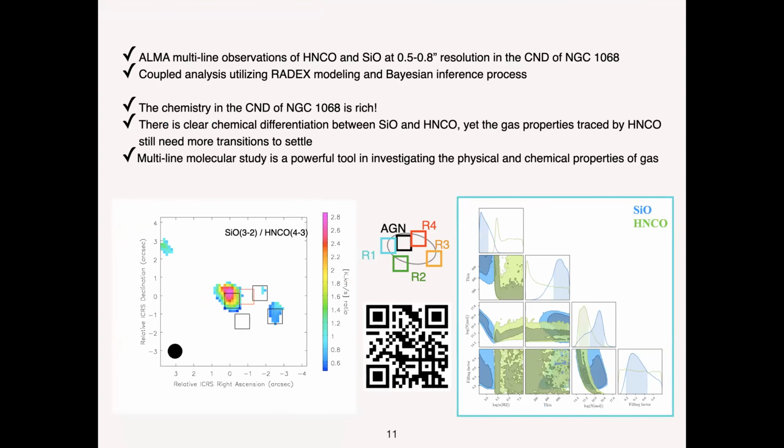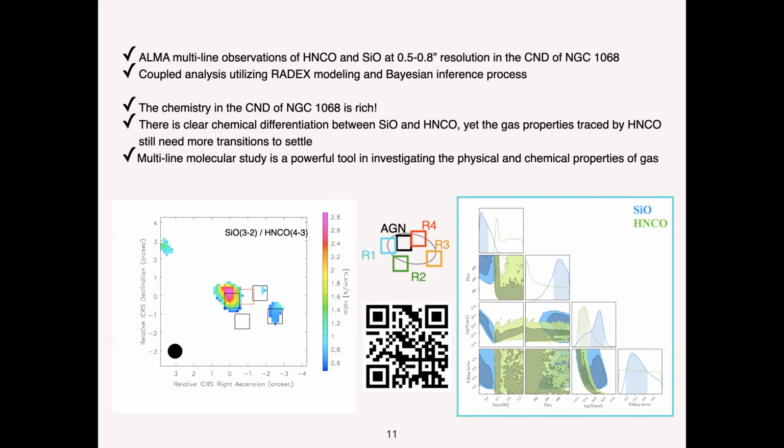So in summary, we have utilized ALMA multi-line observations of HNCO and SiO at high resolution in the CND of the nearby galaxy NGC 1068. We utilized the coupled analysis with RADEX modeling and a Bayesian inference process to characterize the gas properties traced by these two species.